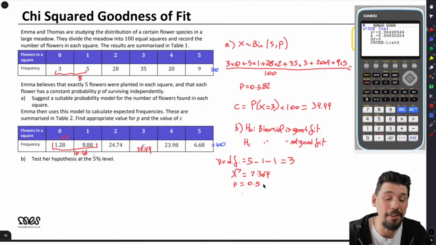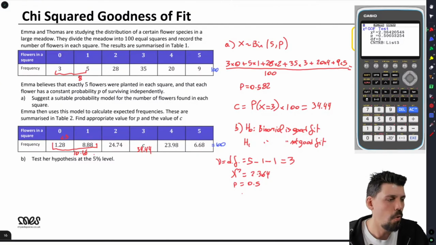So actually this is very, very likely to get this level of p-value. Or if you want to, you can go get your critical value. You can go distribution, chi, inverse chi. I think we want to go 0.95 because it's area to the left. Degrees of freedom is 3.